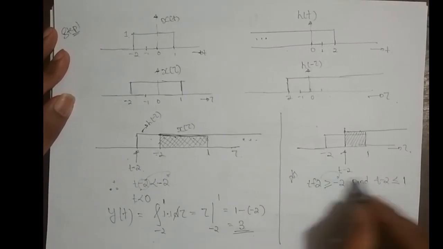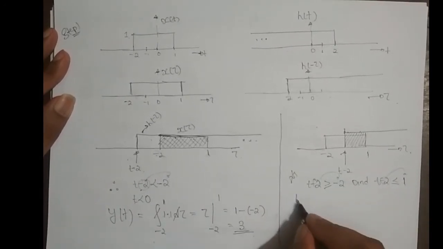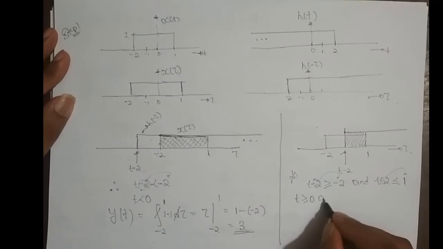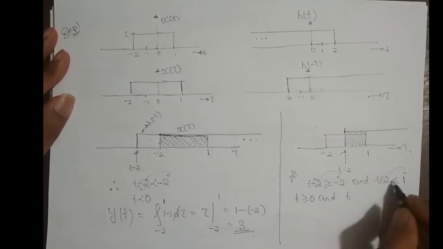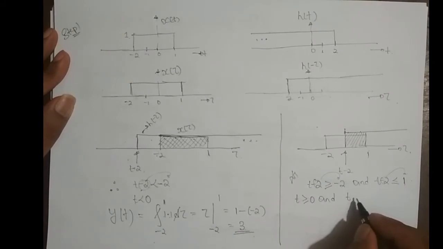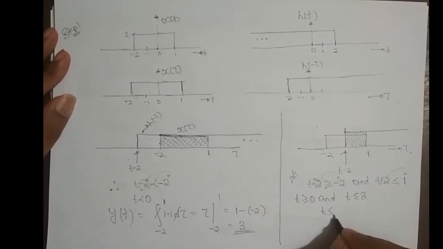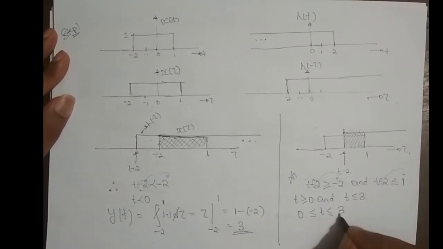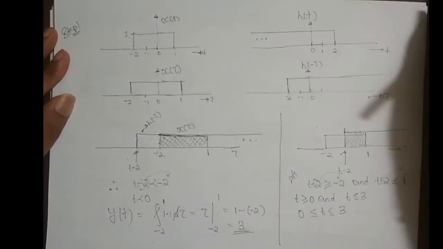If I write it in terms of t, t is greater than or equal to 0, and the minus 2 goes to the other side, plus 2, it is 3. So t is less than or equal to 3. So t is in between 0 to 3, right?